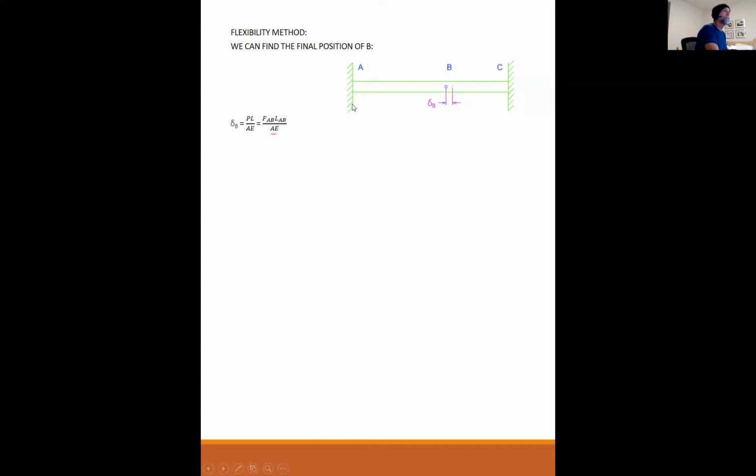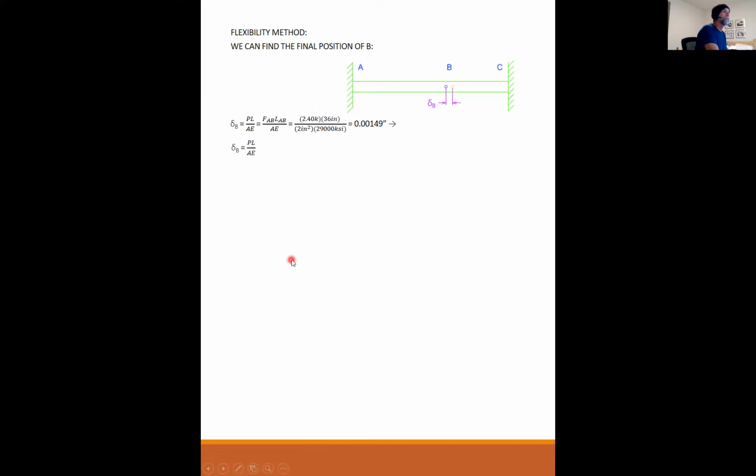So F_AB times L_AB over AE. What do I plug into this equation? Well, that axial load diagram tells you that from A to B, you have 2.4 kips over a 36-inch length. This is all positive, so 0.00149 inches. It's positive, so it's in tension, so it's stretched out to the right.